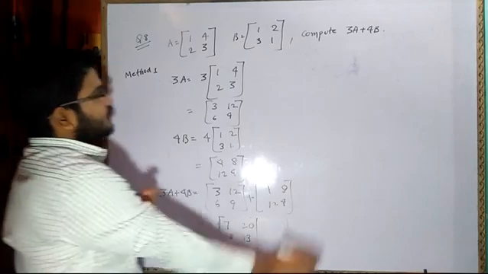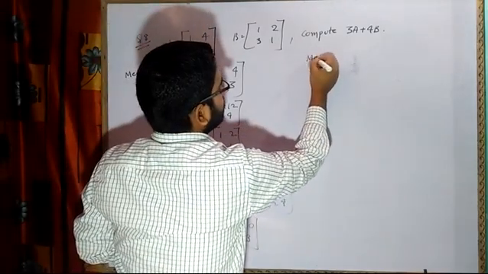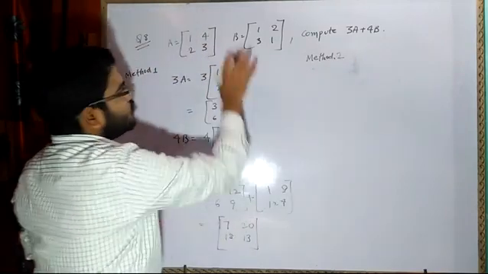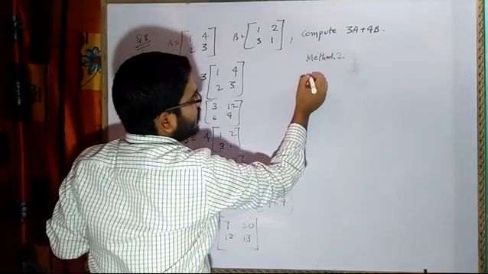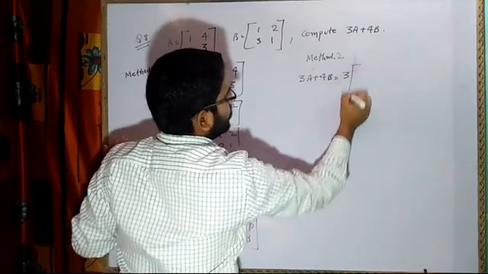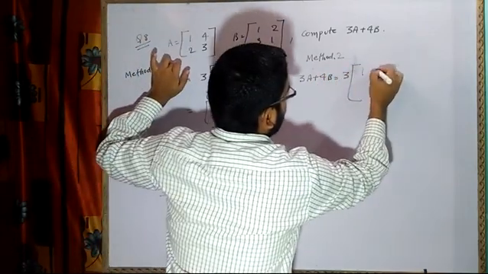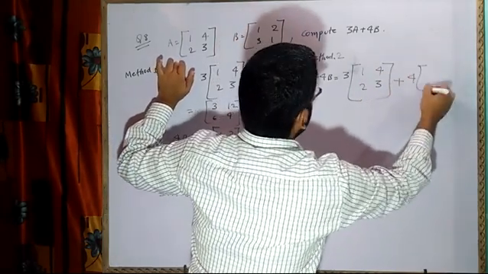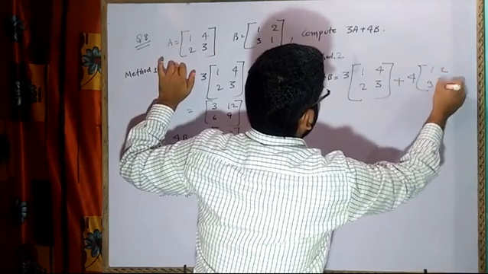Now the second method is that you can solve directly. Method 2 says that you have to find 3A plus 4B. So you will write 3A plus 4B is equal to 3 times matrix A, 1, 4, 2, 3, plus 4 times B, 1, 2, 3, 1.